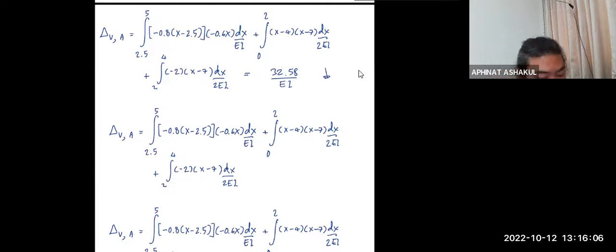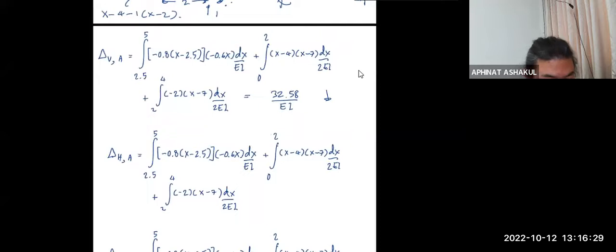Okay. You guys at home, you ready? So now this time is going to be horizontal displacement at A, right? Which means I just get to change the function of the moment here. So instead of minus 0.6x, now I have minus 0.8x. This changes to a constant of minus 4.